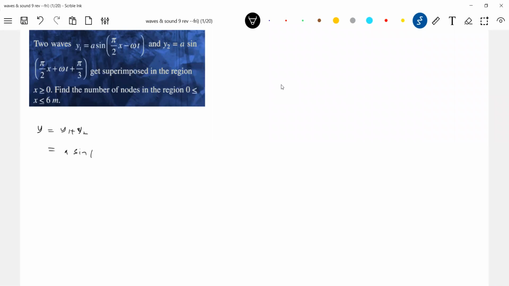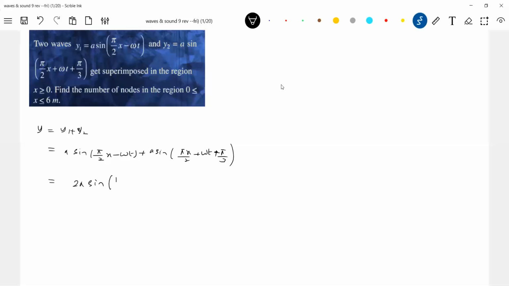So a sine... okay, let's simplify this. Anybody value? 2a sine and cos will come.